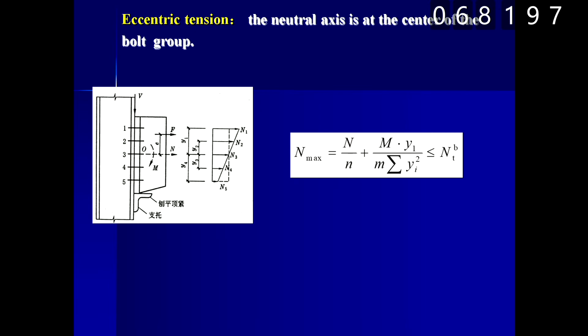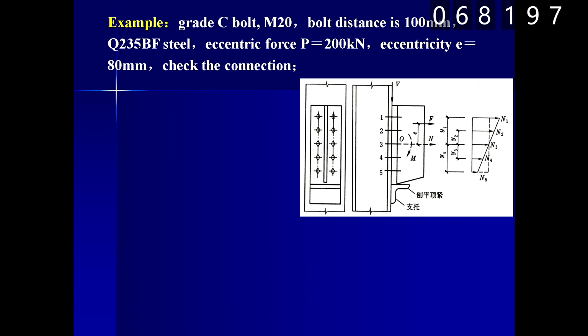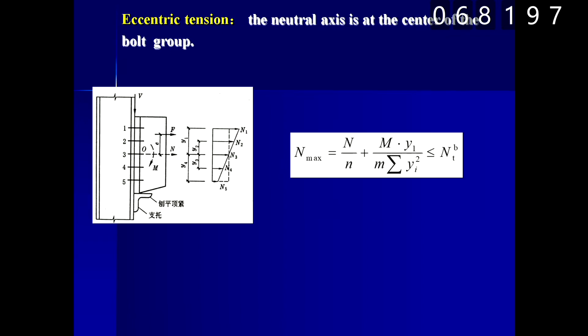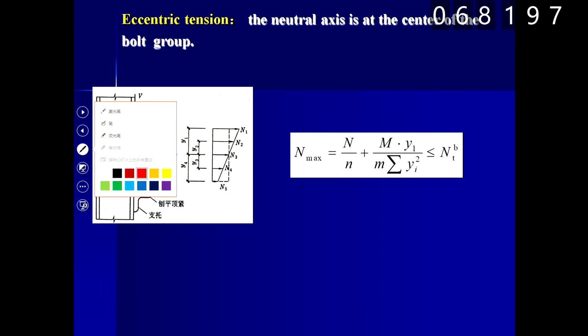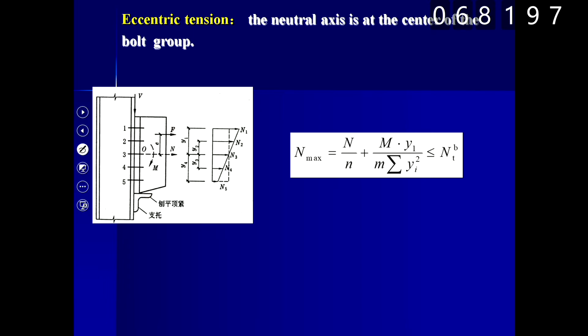The N is what? Not right. What? The M? N. Oh, you said M. What you said M? The M is the moment, no force applied on here. The moment is equal to F times the E, right?